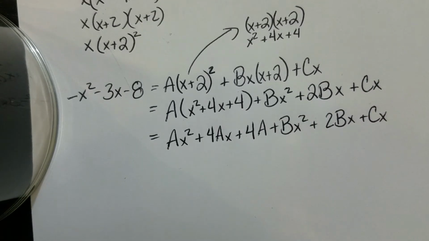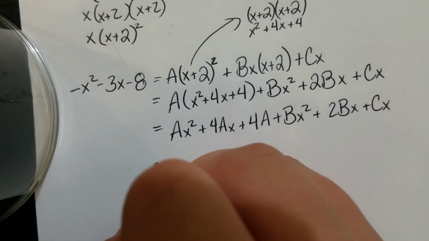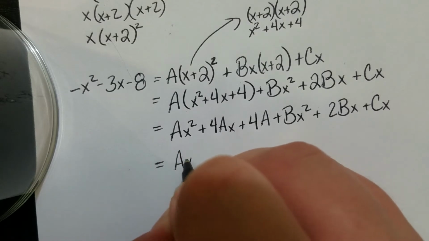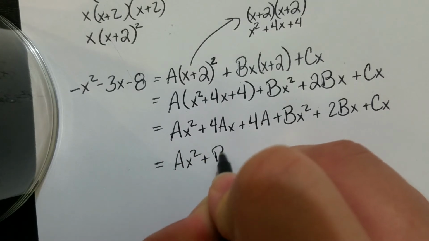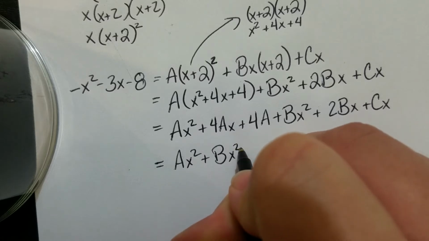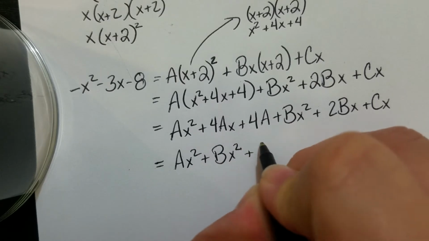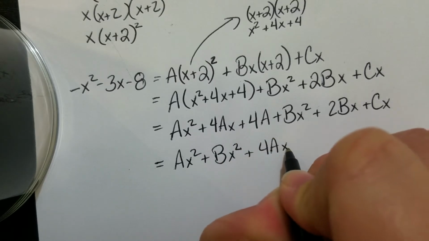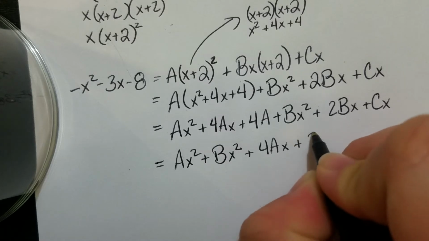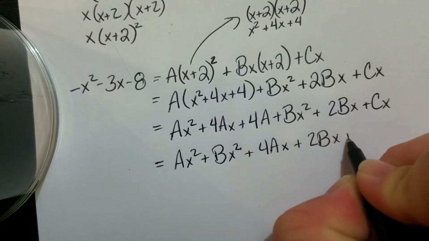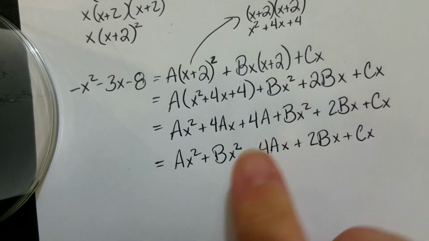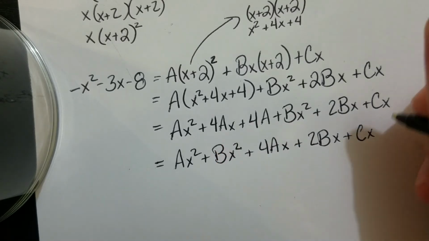Okay? So go ahead and put all your x squareds first. So Ax squared, Bx squared. Then put all your x's. So I've got plus 4Ax plus 2Bx plus Cx. And then anything without a letter, which is going to be 4A.